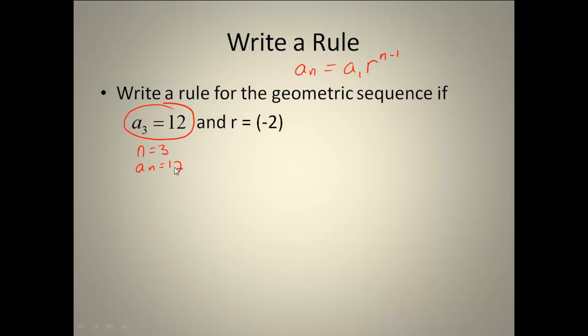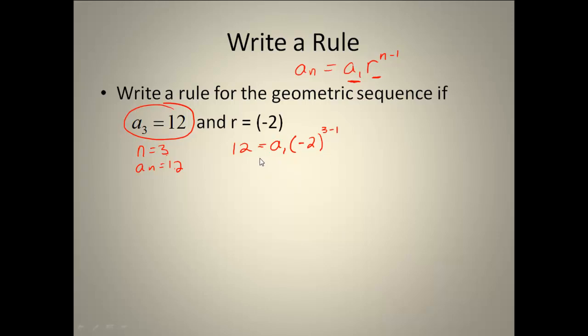So I'm going to temporarily plug these values into my formula in order to figure out a sub 1, because I have to have numbers for my a sub 1 and my r value when I'm all said and done. So I'm going to go ahead and put in 12 is equal to a sub 1, because that's unknown right now, times negative 2 raised to the 3 minus 1.